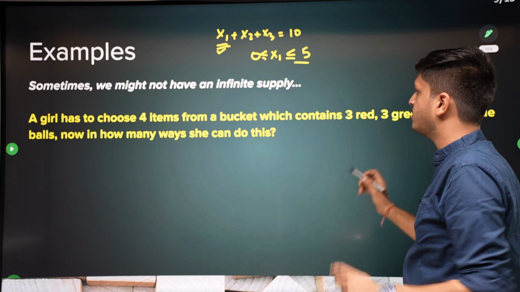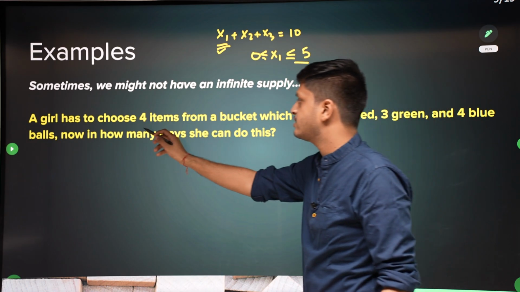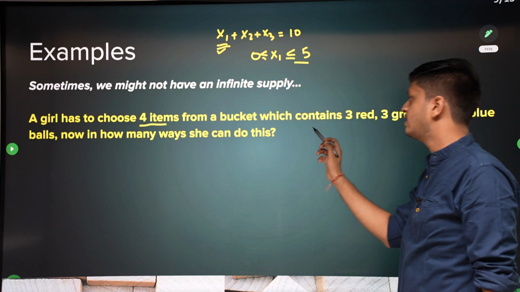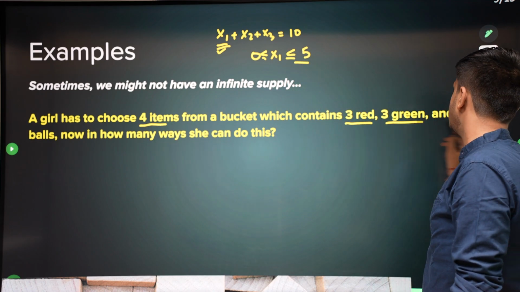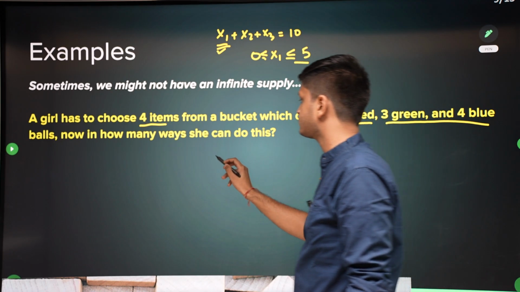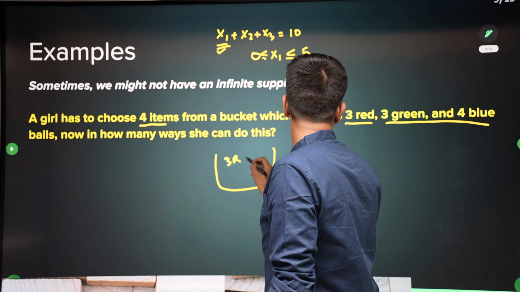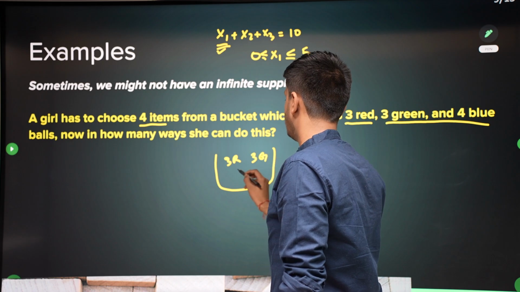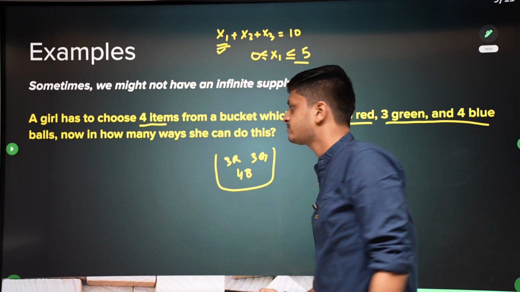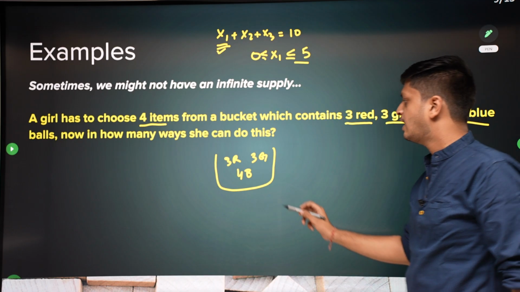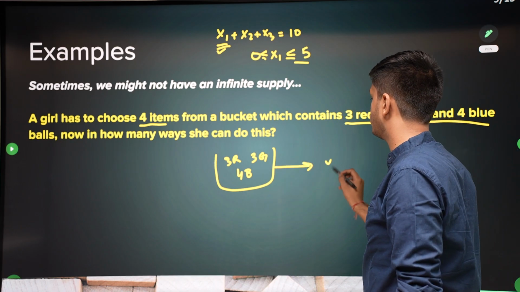So right now this problem, let's see. A girl has to choose 4 items from a bucket which contains 3 red, 3 green and 4 blue balls. It contained 3 red, 3 green and 4 blue balls. Okay? And we have to pick 4 items out of it, 4 balls out of it.